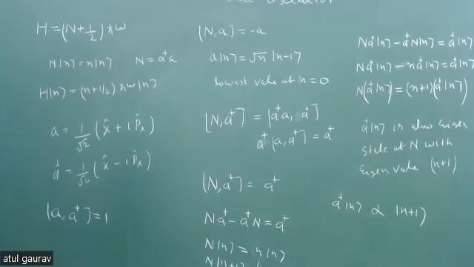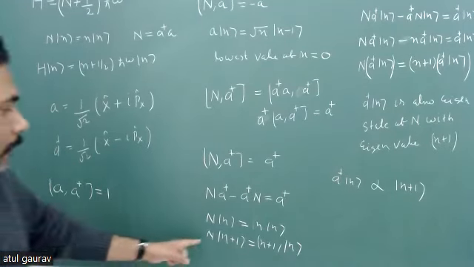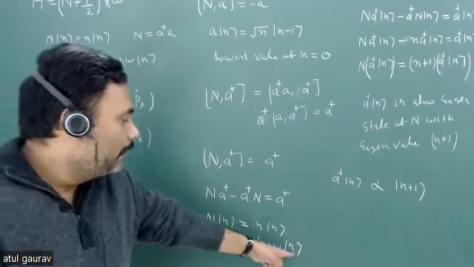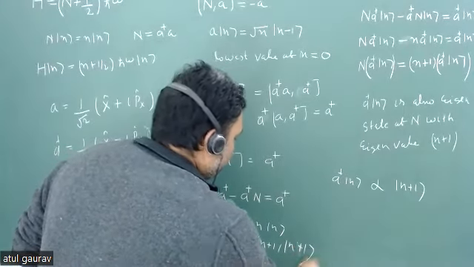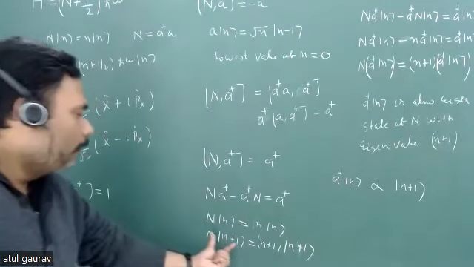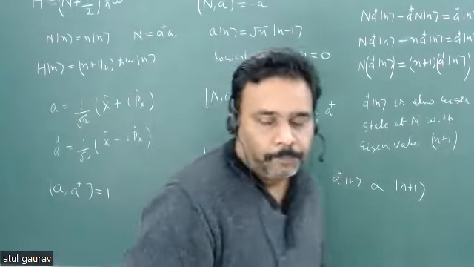एक मिनट, just a minute. Now it's clear? ठीक है ना? Okay. So n will operate on |n plus 1>. You will get, sorry, this value is n plus 1. So n will operate on |n plus 1> and you will get (n plus 1)|n plus 1>.